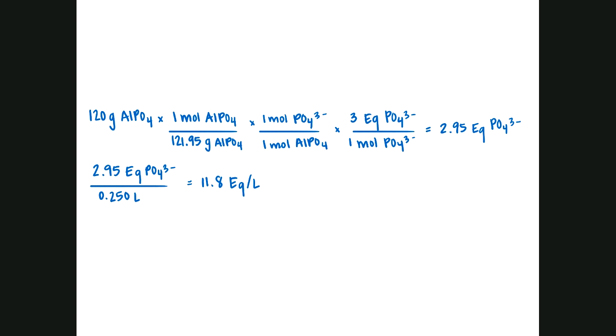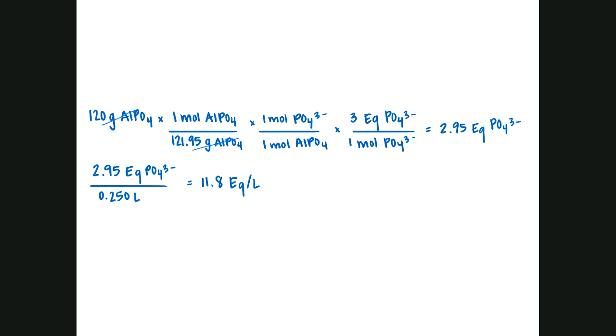And like with every stoichiometry problem, we have to go step by step. Since we don't have a balanced chemical equation, we don't have any chemical equation, our first step is to go straight into changing our grams into moles. So again, we figure out the molar mass of aluminum phosphate, and we are able then to cancel out our gram values, and now we're in moles. Then we do our mole to mole ratio.